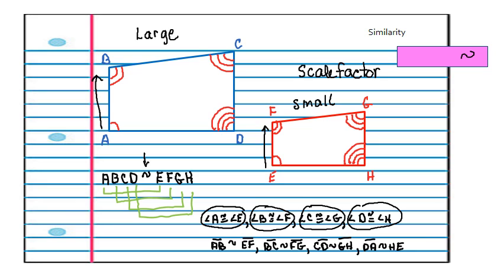And similarly, if I go from B to C, watching the angles here, I have 2 and I have 3, and down on the small one, 2 and 3, that BC is going to be similar, have the same scale factor as going from F to G, and C to D, and G to H, and D to A, and H to E. Make sure you keep similar letters with each other.